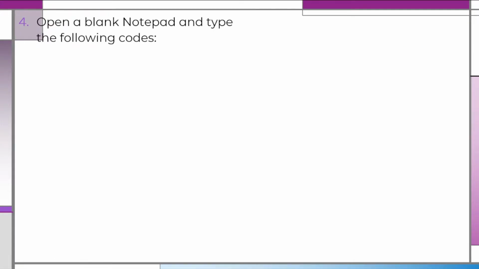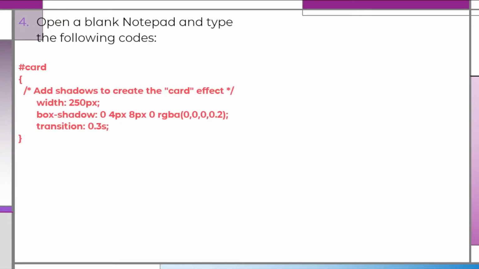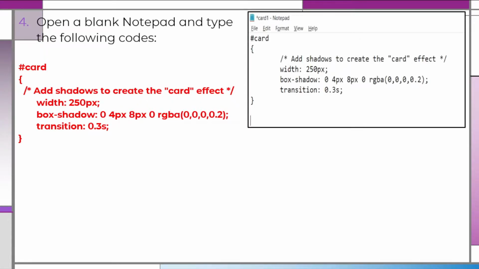So open a blank notepad again. Leave card1.html open, and let's go to a blank notepad, and then I want you to type this. #card, and we're going to add shadows to create the card effect, so that the width is 250px. Then we have the box shadow: 0 4px 8px 0 RGBA. Width is the size of the card that we're going to make.